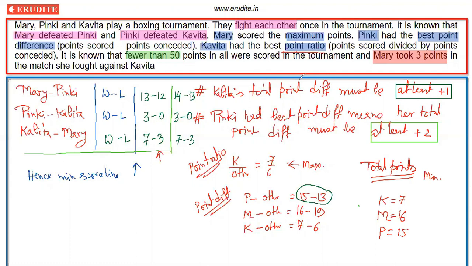And you know that it was mentioned that Mary got the maximum point, so it is satisfying here. So this is our possibility in this case. Looking into this possibility, we will go on solving the problem.